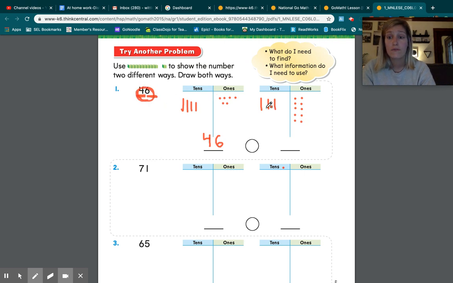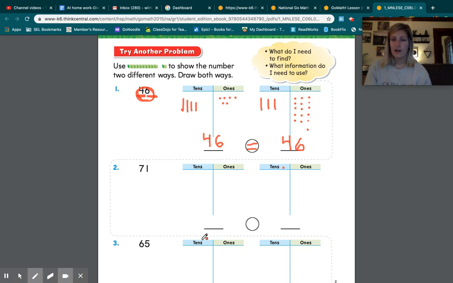So count on from 40 with me. 41, 42, 43, 44, 45, 46. So do both of these ways show 46? Yes. Do they look the same? No.